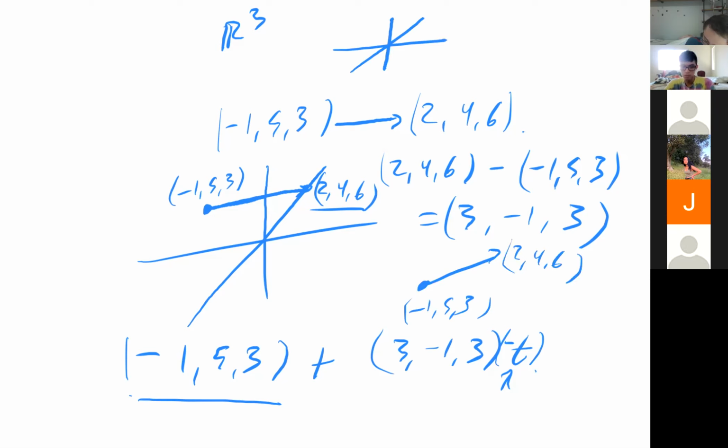But this time we're just moving in the reverse direction if we change t. But it doesn't matter because it's still a line that contains these two. You just have to take -t and move backwards in order to get back to 2, 4, 6. Does that make sense? Great.